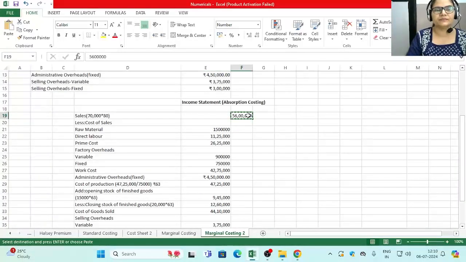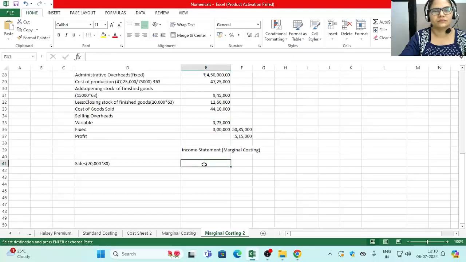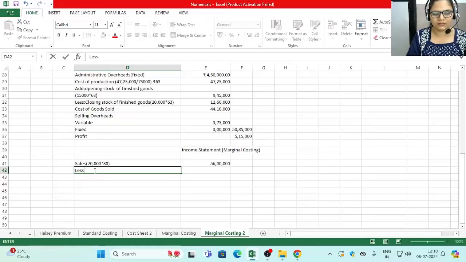₹56 lakh. Now we will deduct variable cost or marginal cost.